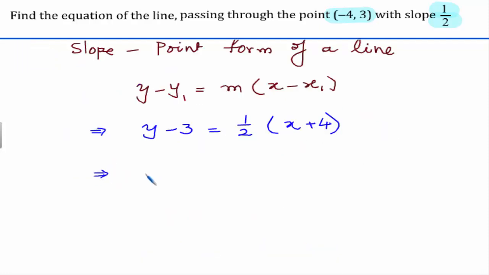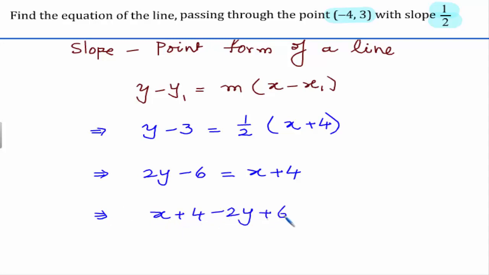On further simplification, we get 2y minus 6 is equal to x plus 4, and if we get everything to one side, we get x plus 4 minus 2y plus 6 is equal to 0. That implies x minus 2y plus 10 is equal to 0.